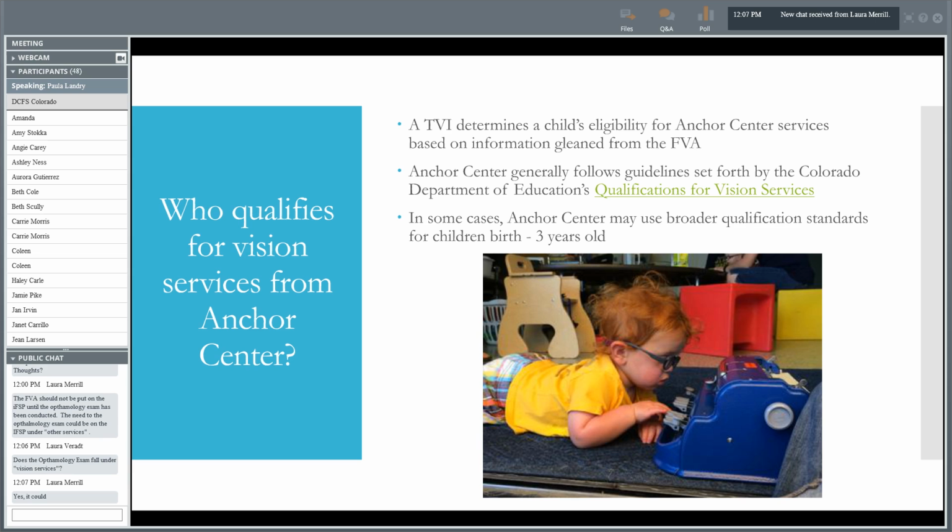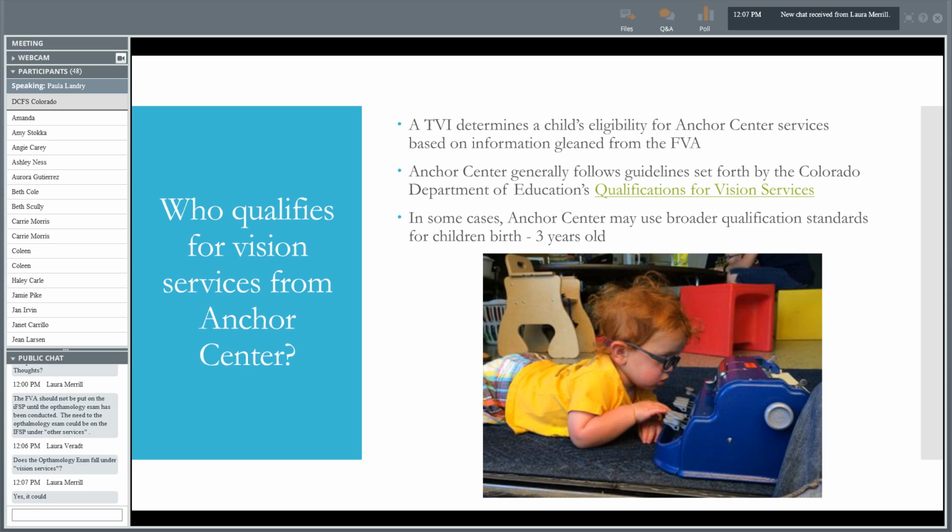And there are other things that go into that, obviously. If they have a dual sensory loss, combined hearing and vision loss, if they have cortical visual impairment. The school district really requires them, in addition to having those types of medical diagnoses as far as vision loss, the school districts also require that they require specialized instruction from a TDI, and that does get a little bit tricky.